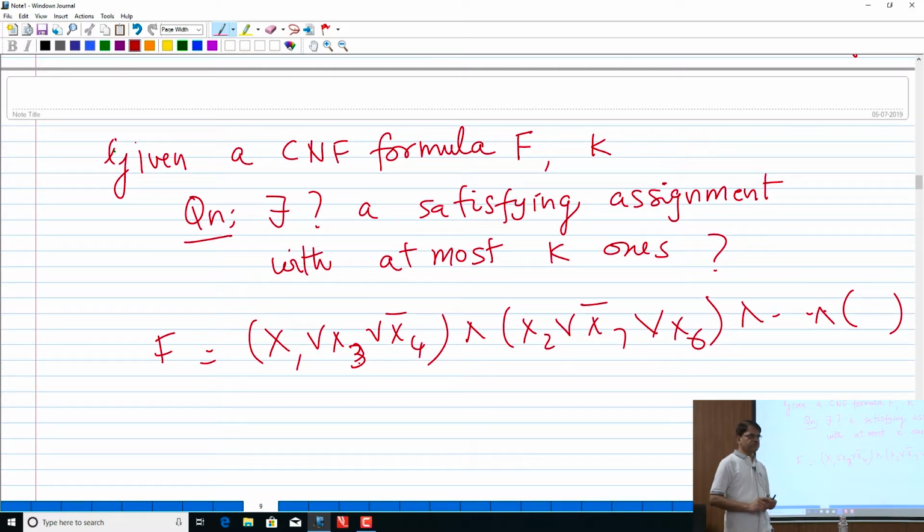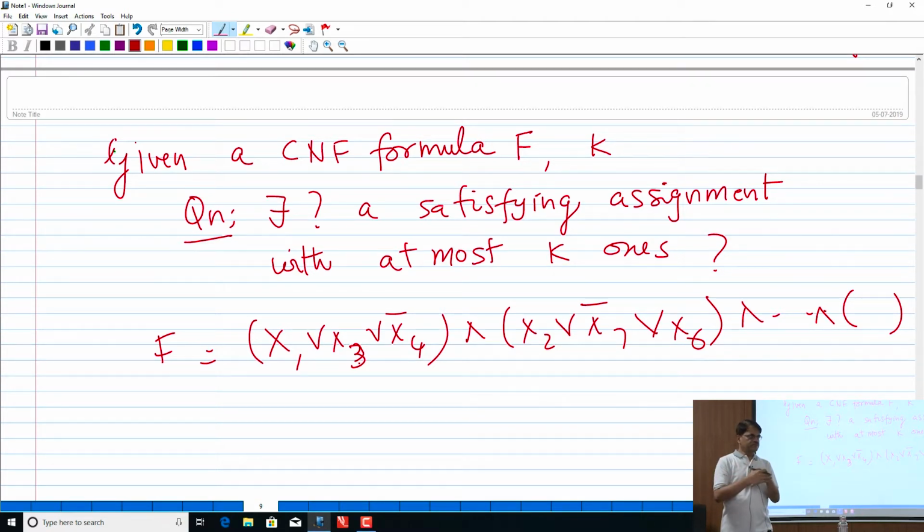What did we do? We branched. What did we branch on? We picked a clause and said one of the variables must necessarily be set to true, and I will try one by one.